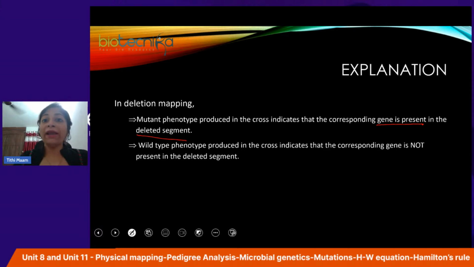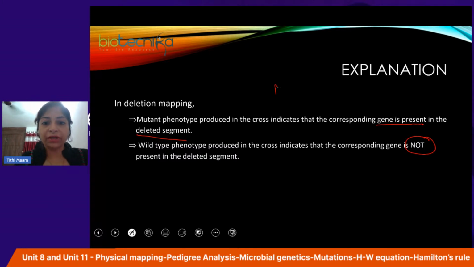And if wild type phenotype is produced, it means that particular gene of interest is not present in the deleted segment. I'll repeat. If a mutant phenotype is produced in the deletion mapping cross, that means the particular gene of interest is present in the deleted segment.